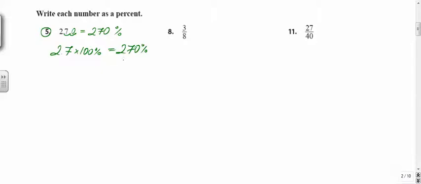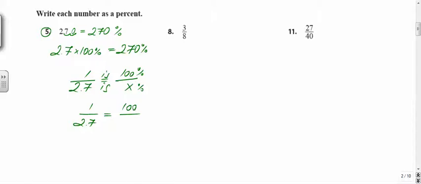How do we get there? Well, you will say 1 is 100%. Well, 2.7 is X percent. And you can set up a proportion, right? Your proportion here would be that 1 over 2.7 equals 100 over X. Now, this is a ratio proportion, right?